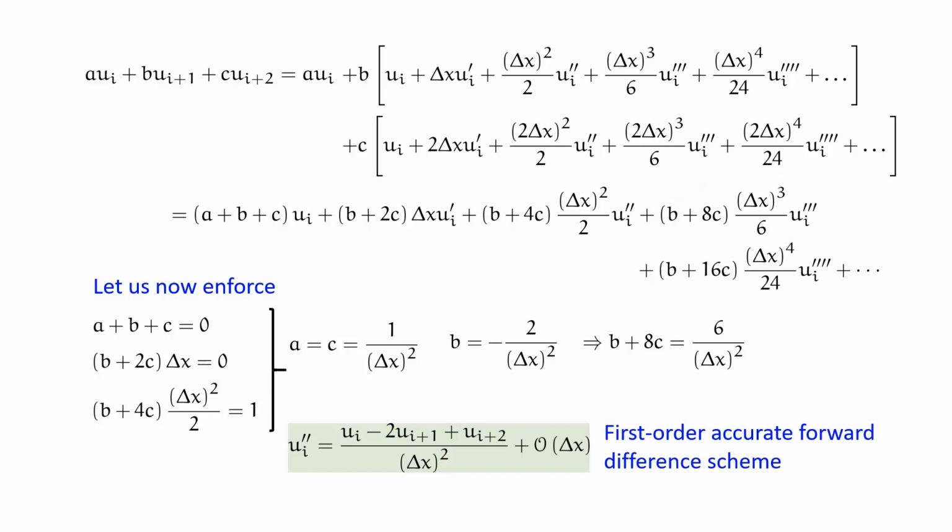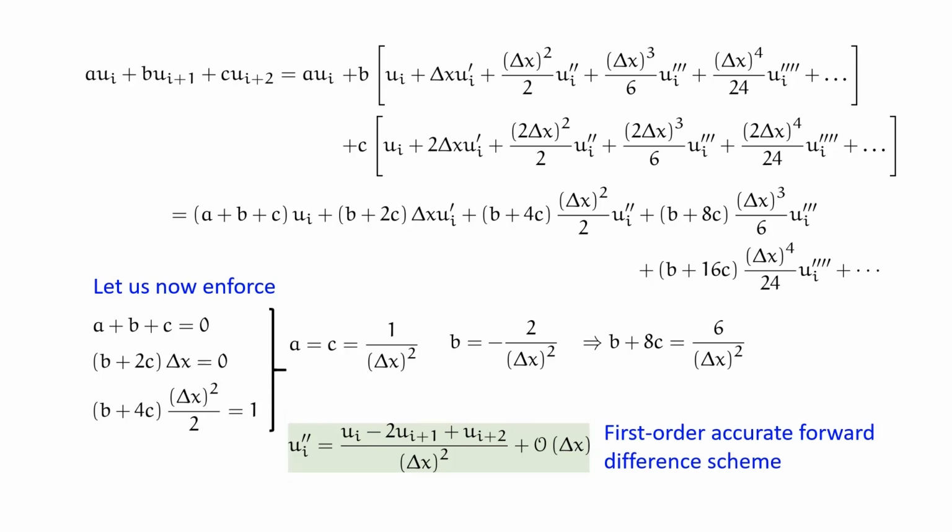Therefore, I can now write u_i double prime equals u_i minus twice u_{i+1} plus u_{i+2} divided by delta x square, plus truncation error, which has the order of delta x. So this is a first order accurate scheme. This is the 3-point forward difference scheme for the double derivative. The 3-point forward difference scheme for the single derivative is second order accurate, but the 3-point forward difference for the double derivative is only first order accurate.